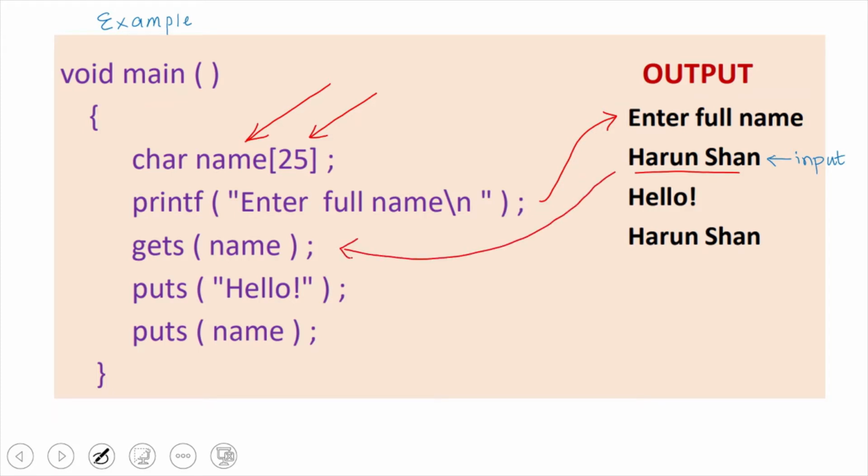Then puts as hello will print this onto the screen and puts as name will again print this. So what we have to understand is that even though there is a space, there was no issue in reading and writing since we used gets and puts functions. So this is the best function to read a string instead of using scanf.